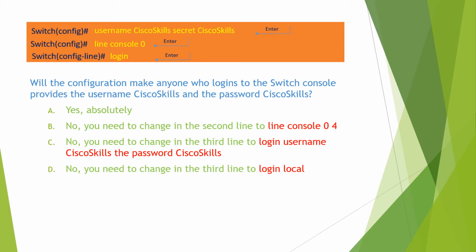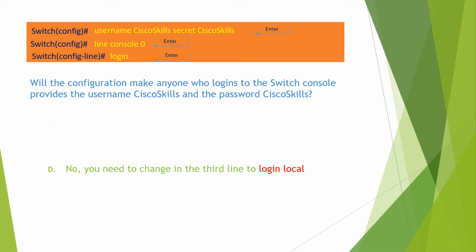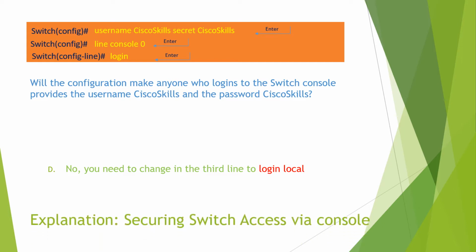In order for the user to log in using the local username and password, we need to issue the command login local. Therefore, the answer for this question is D. You can find the detailed explanation for this question in the video, Securing switch access via console.